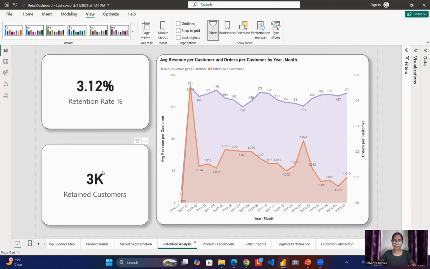And this line chart shows the exact insight we discussed: the average revenue per customer is high, like a customer buys a high value product, but the fact is they buy only one time. So orders per customer is less.